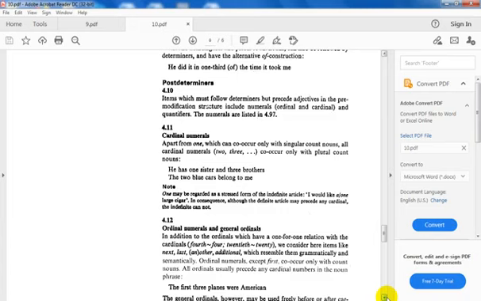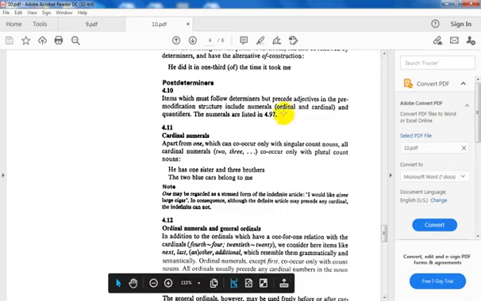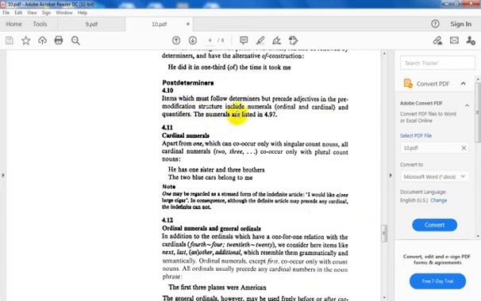Items which must follow the determiner but precede the adjective in the pre-modification structure include numerals, ordinals and quantifiers. What are the classes of post determiner? They are numerals بنوعيه ordinals and cardinal وعندي the quantifier، راح ناخذ the open and the close.